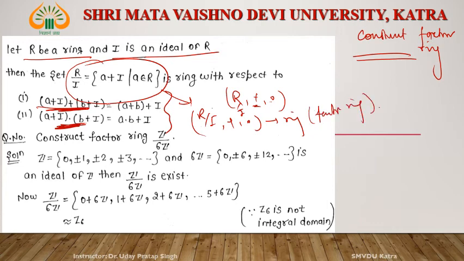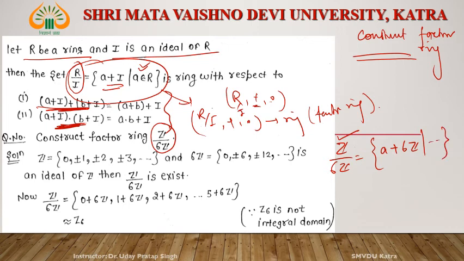So construct the factor ring Z by 6Z. What is Z by 6Z? An element of R by I is one element of the form A plus I, so an element of Z by 6Z is of the form A plus 6Z. Suppose we consider 1, then 1 plus 6Z.